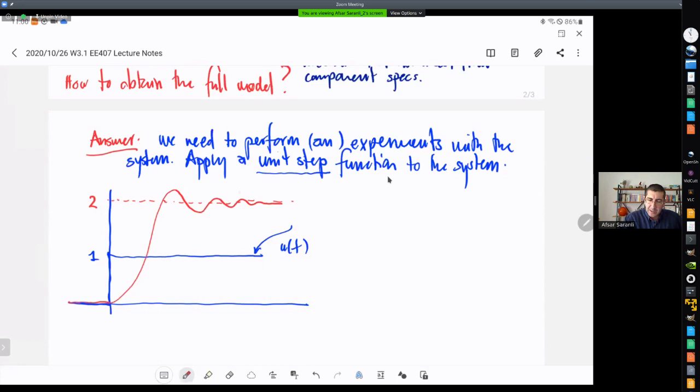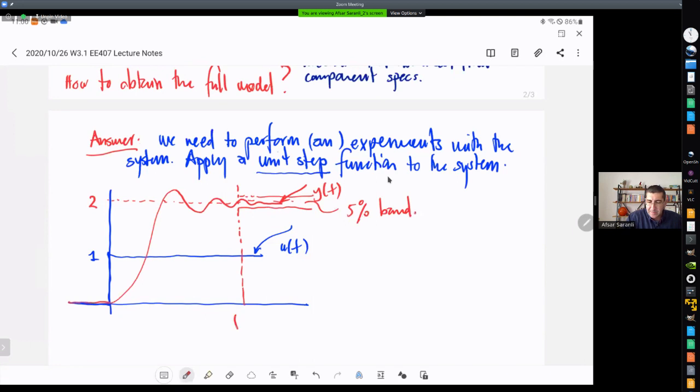For example, from the given physical response, let's call this y of t, I can measure the time it takes for it to settle into the 5% band.